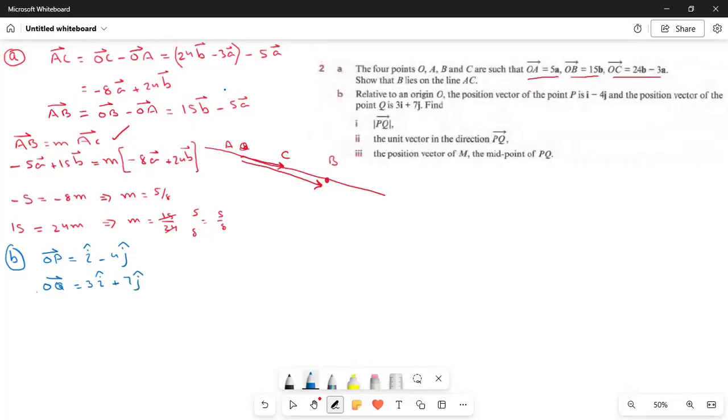Now the first question is that we need to find the vector PQ.